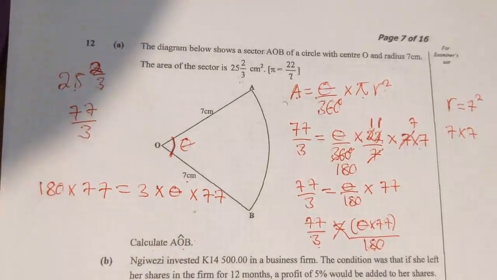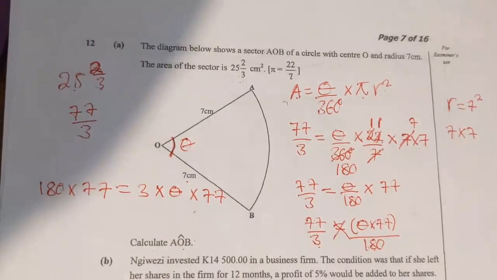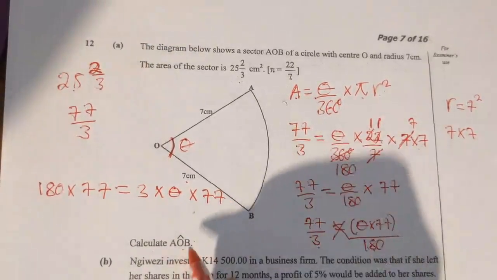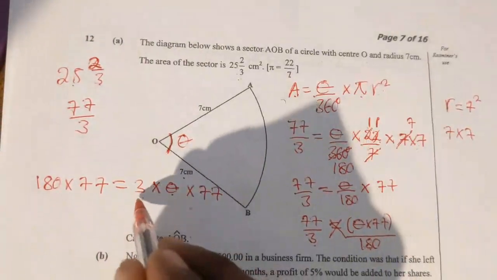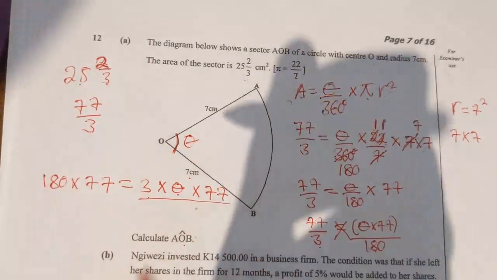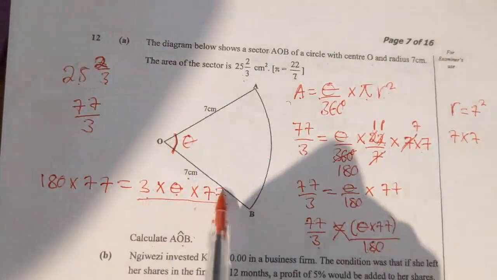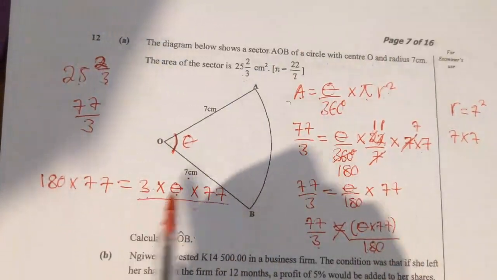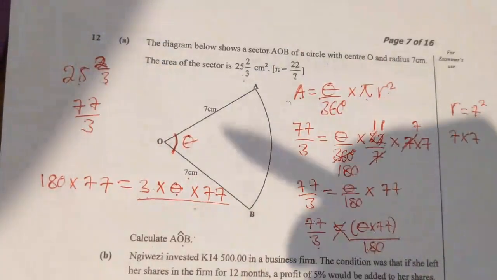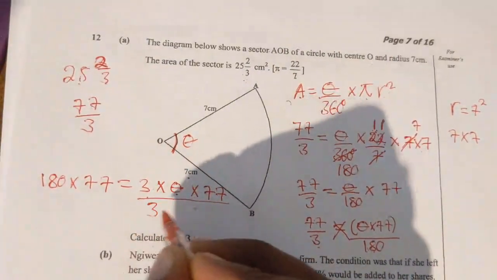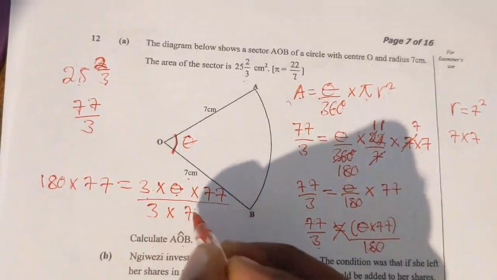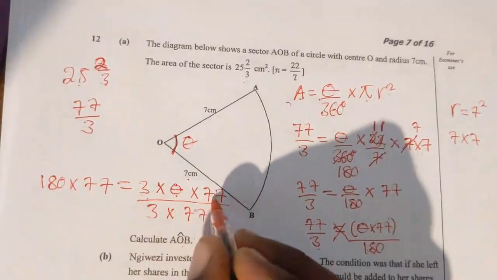So what you are looking for is the theta. So you're going to divide both sides. You don't need to multiply all these things. You need to develop this skill. You're going to divide both sides by 3 times 77, because you have 3 times 77.